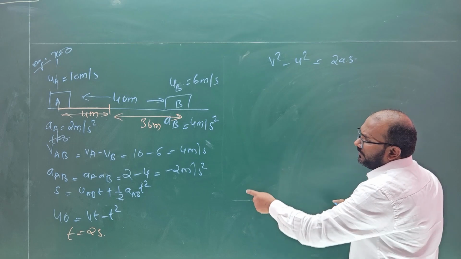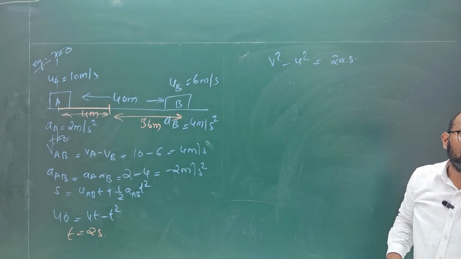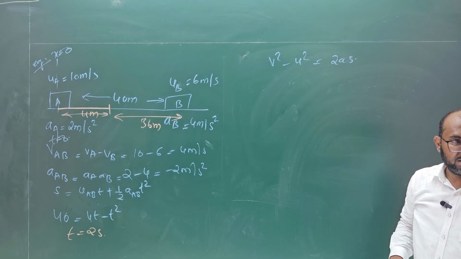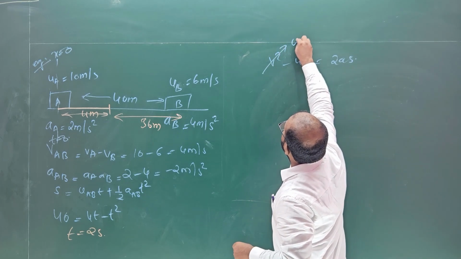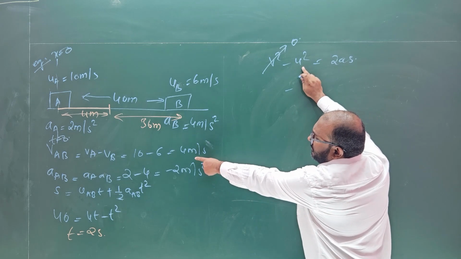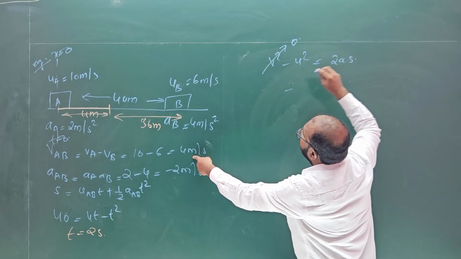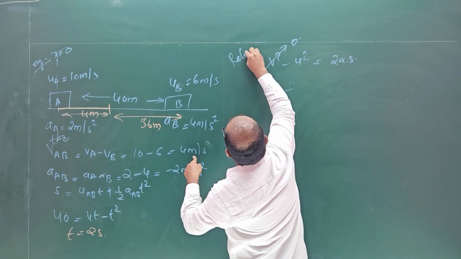Now tell me, if any body is having negative acceleration, that means it will be having zero velocity finally. Yes or no? That means the final velocity becomes 0 minus the initial velocity. You have to take this velocity as relative. This equation we are substituting again for relative terms.